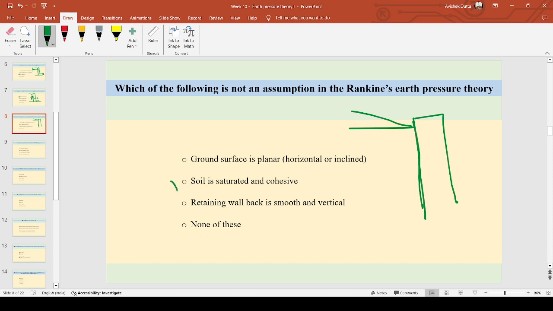In cohesive soil there is also the parameter of tension crack, which makes things complicated. So the answer is soil is saturated and cohesive. The actual assumption is that the soil is homogeneous, dry, and cohesionless.